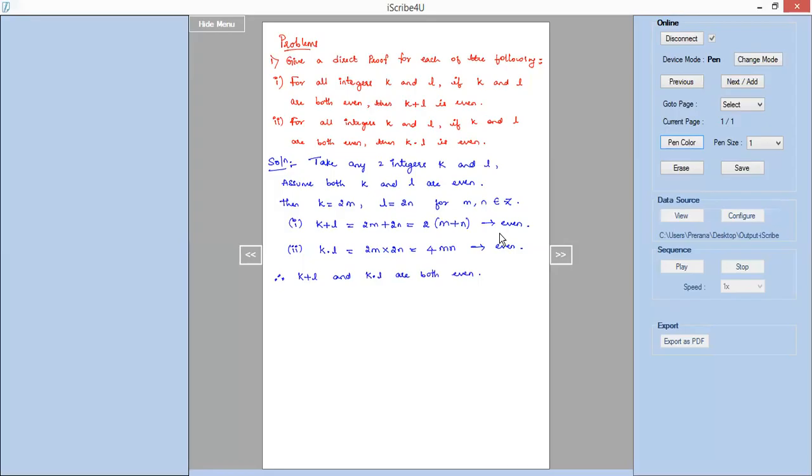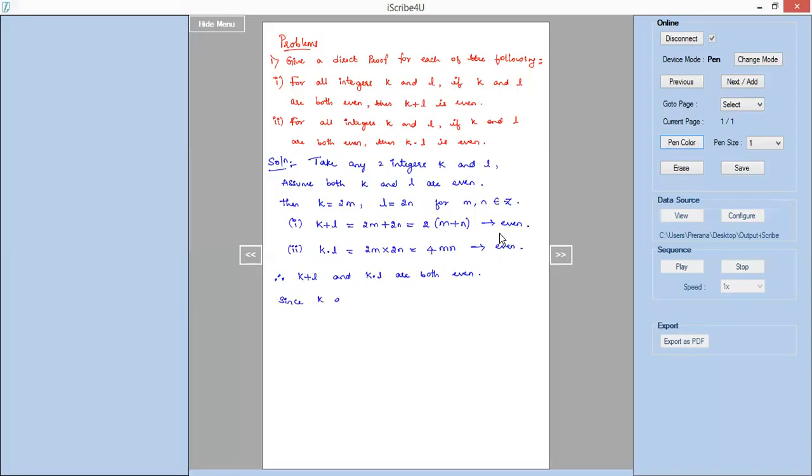And we have proved this for some arbitrary integers k and l. This is true for any arbitrary integers k and l, and in view of the universal rule of generalization, the proof is true for every integer k and l. So we'll conclude the same thing.